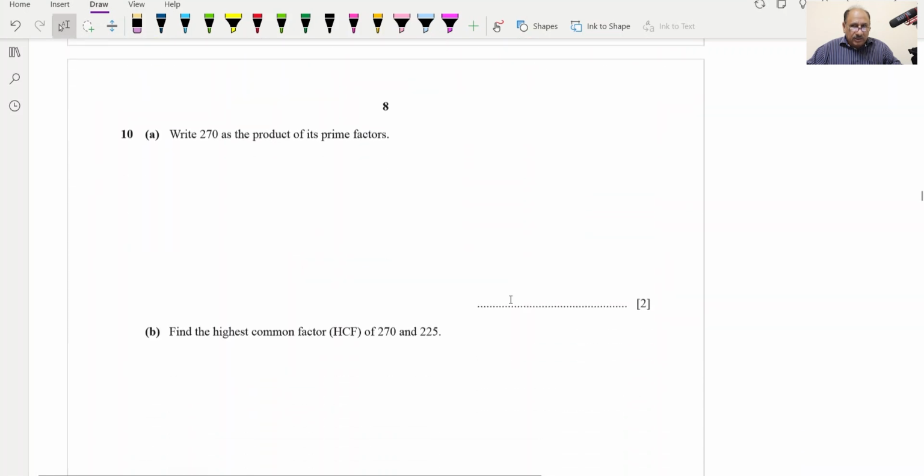Now question number 10 says write 270 as a product of its prime factors.